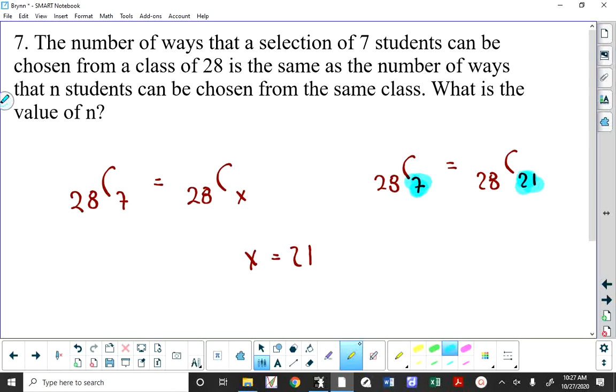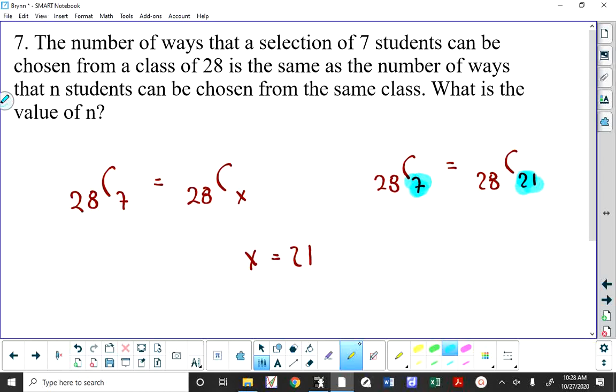So if we have 28 students in a class, and I say that I'm going to pick 7 of them to take out for ice cream, what I do is every time I choose a group of 7, I leave behind a group of 21. So for each group of 7 that I choose, there is an identical number of groups of 21 that are chosen not to go for ice cream.